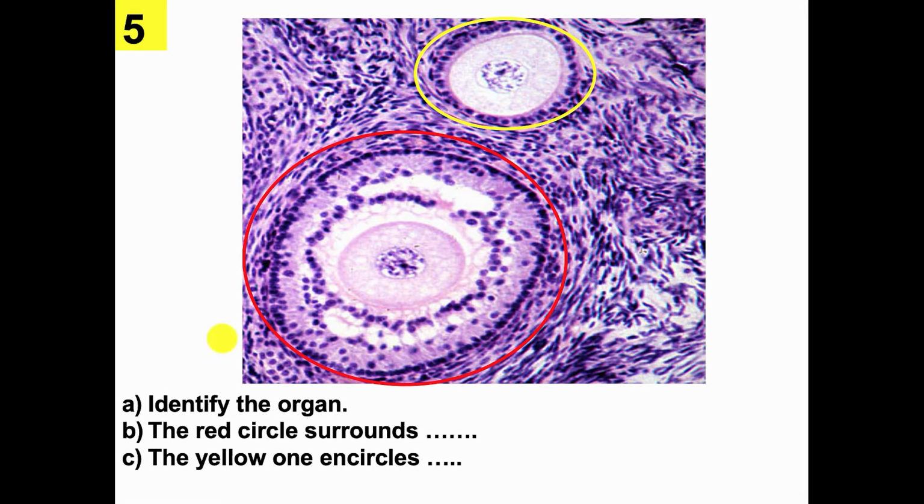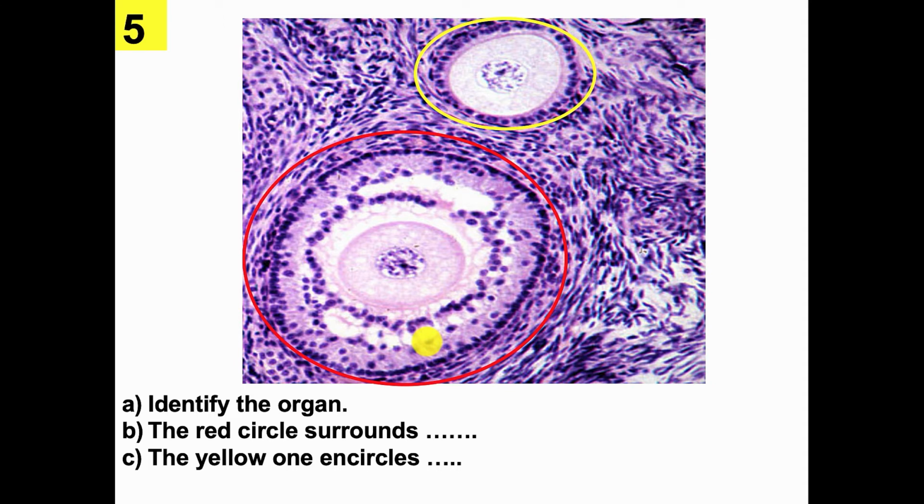The red circle surrounds this one. In this one, you can see in the granulosa cells, we have multiple cavities. The appearance of the cavities in the granulosa cells denotes the presence of the secondary follicle.